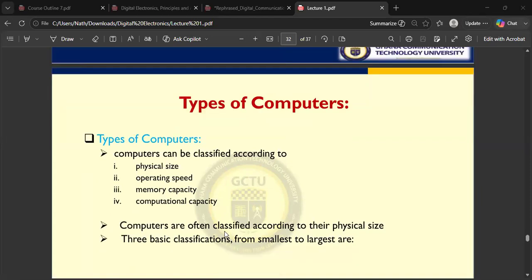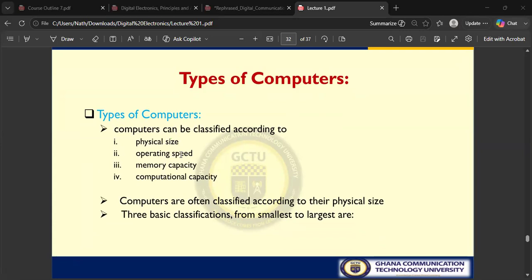So there are three basic classifications from smallest to largest. Computers are classified by physical size, operating speed, memory capacity, and computational capacity.